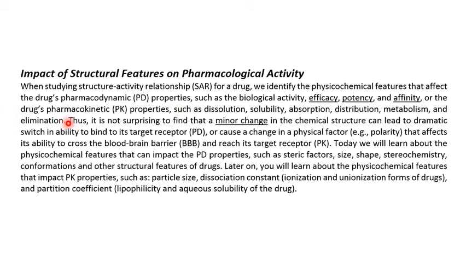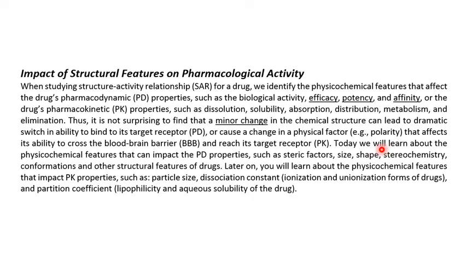Therefore, we shouldn't be surprised if a minor change in a chemical structure can cause a dramatic change in the ability of the drug to bind to the receptor, which is a pharmacodynamic property, or maybe the ability of the drug to cross the blood-brain barrier and reach its target receptor, which is a pharmacokinetic property.